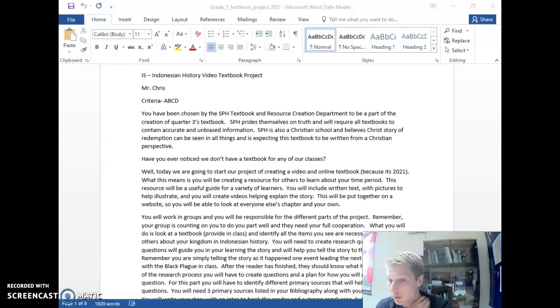You and your group will choose one kingdom, and with your group members, you will create a textbook chapter, and it will be online. We'll have a website created, and it can forever be used as a source for helping other people learn about Indonesia's history online, in English, because we don't have very many of those, and from a Christian perspective.